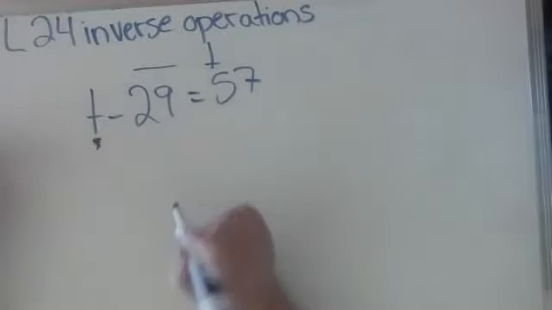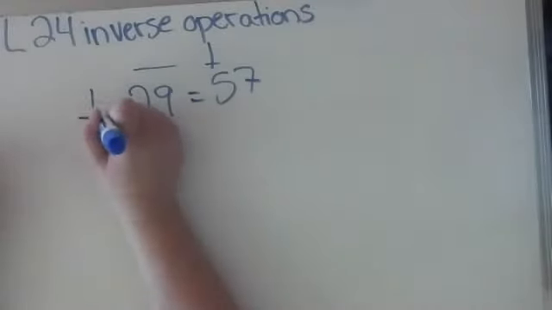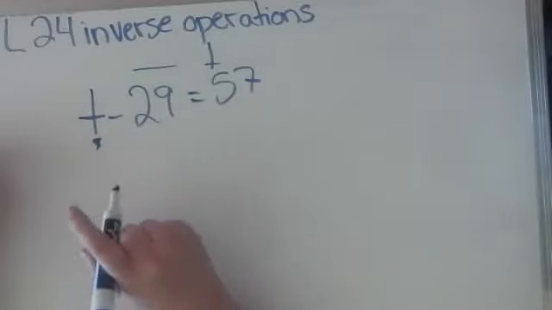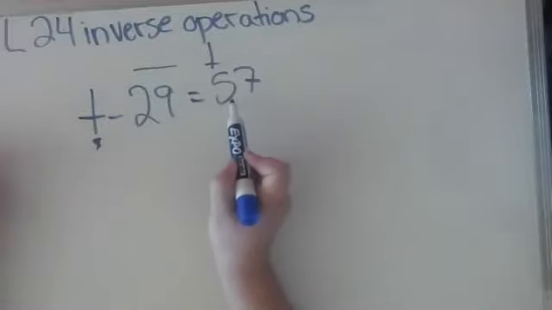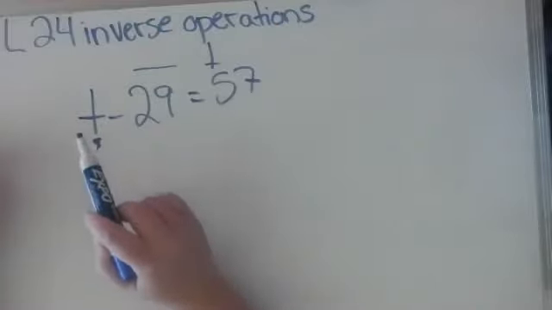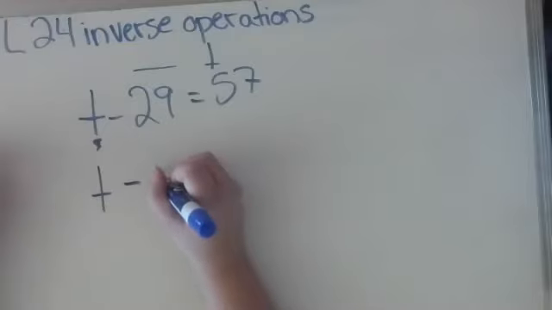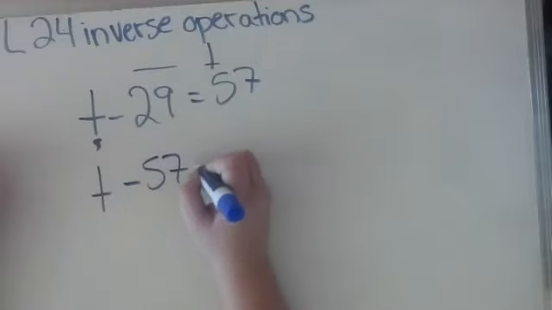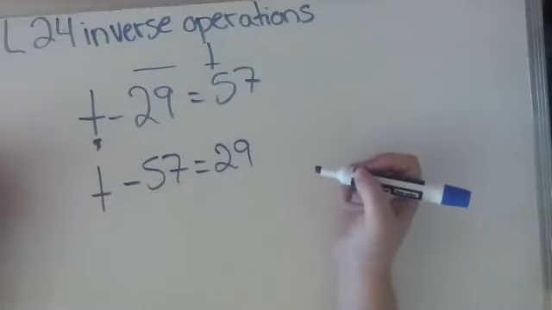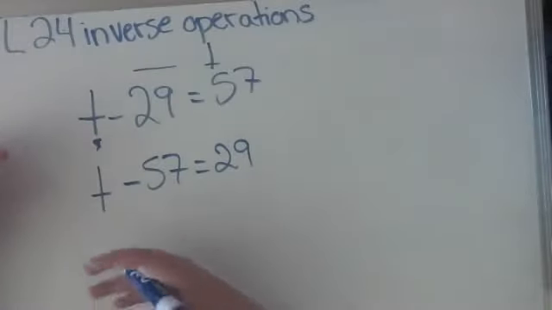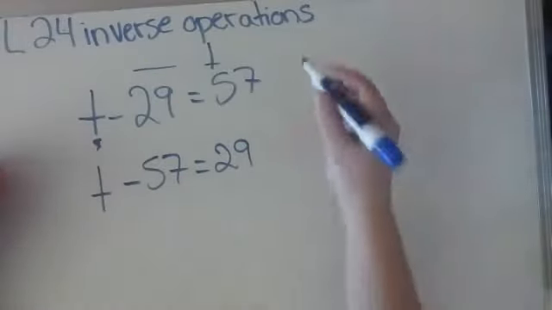T is obviously my biggest number because it is the spot where my biggest number should be. So you need to remember that even though 57 is the biggest number you see, this spot is reserved for the biggest number. Which means if I make another subtraction, I do T take away 57 equals 29. The T is still the biggest number, and this doesn't help me find my answer. So I'm going to keep going.